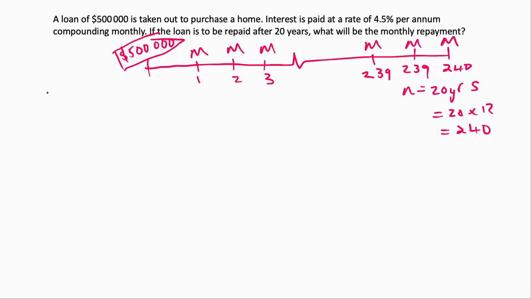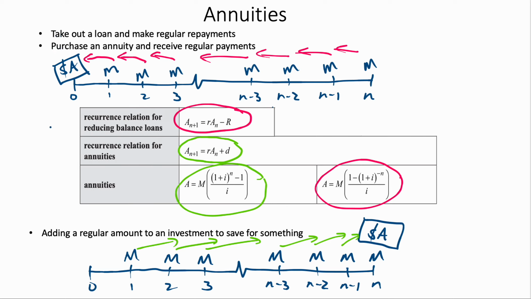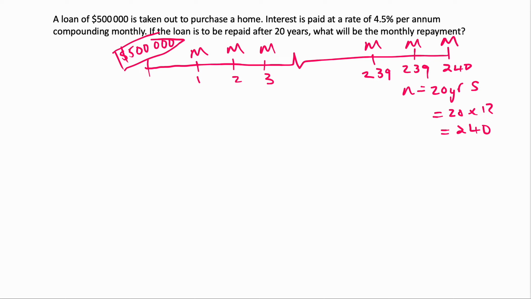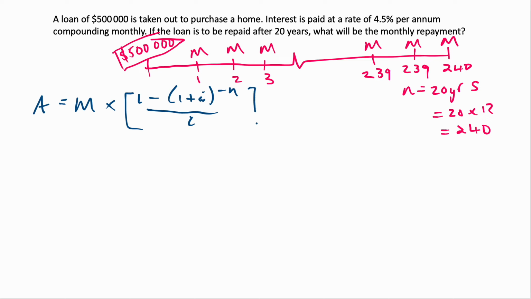So that's where we're going to use, looking back at our formulas here, the annuity formula down here because we're looking at the overall big picture and we need this formula here. It's only when we focus in on just a few months at a time or whatever that we're going to use our recurrence relations. So let's pop our formula in, then we just have to put everything in the formula.